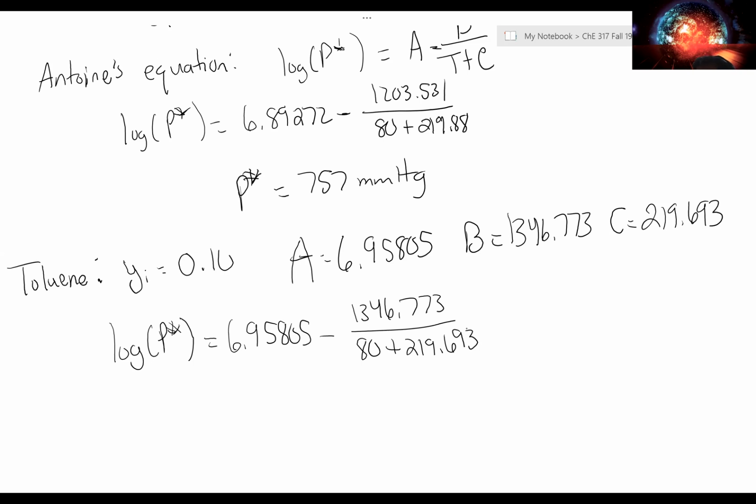And that gives us, let's see, pretty similar to what we got for benzene, and I got 291.2 millimeters of mercury.